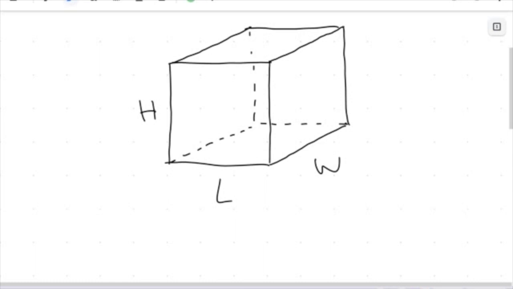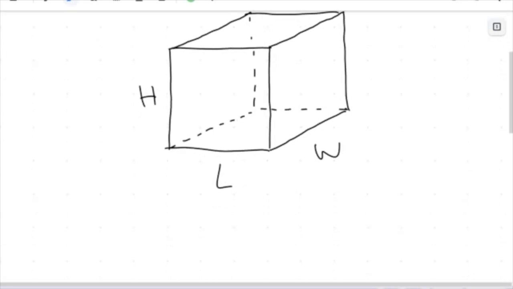Okay, so let's consider just a regular cube here. It has some height, some length, some width. Now, we talked about volume as the space that this 3D solid fills up. So we find all of these volumes, you may remember, by taking some cross section. So here we're going to go with this one down here, and let's call that A for the area. So our volume we get from doing the cross-sectional area.